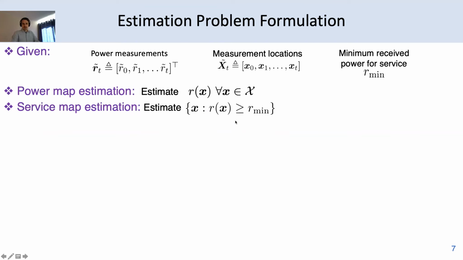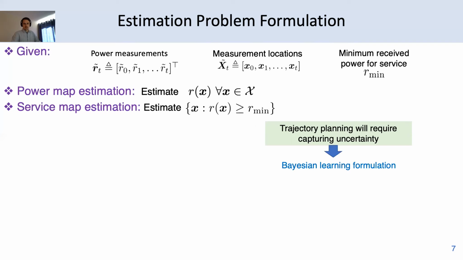Service maps are of high interest in UAV communication, since UAVs need to know where they have connectivity in order to plan their trajectory. So if we want the UAV to decide where to go next based on the previous measurements, it is necessary to maintain some form of uncertainty metric of the map estimate at every location.